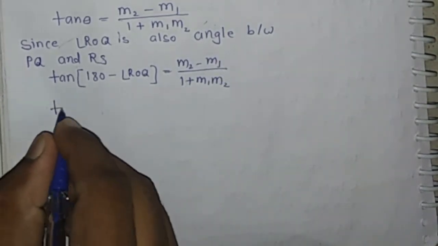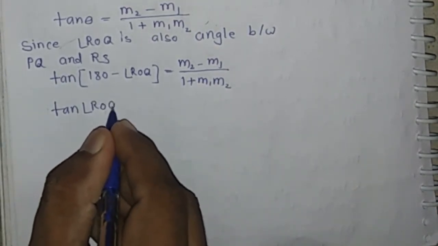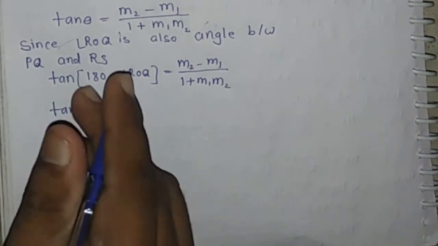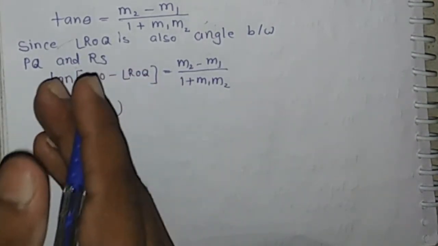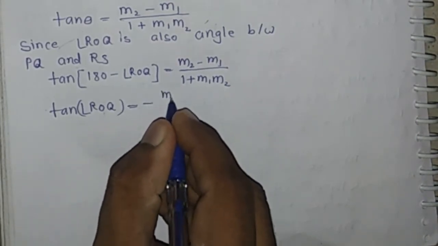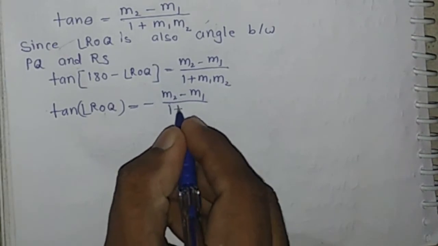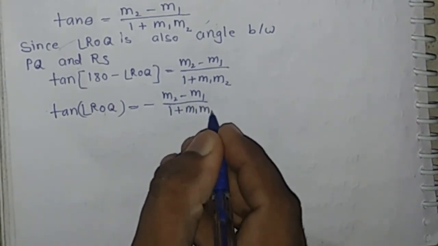Then tan ROQ, tan 180 minus theta is minus tan theta, shift minus to RHS, we have minus M2 minus M1 by 1 plus M1 M2.